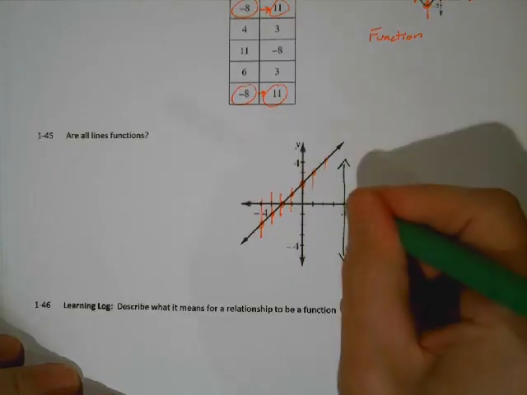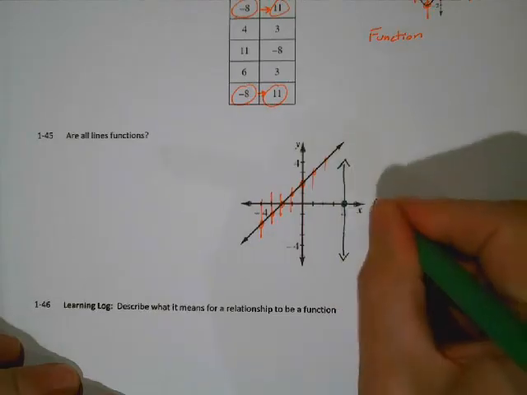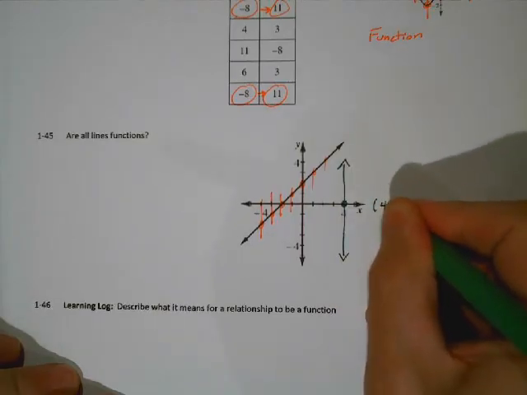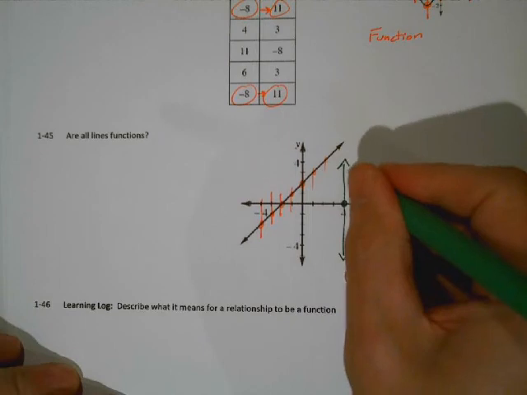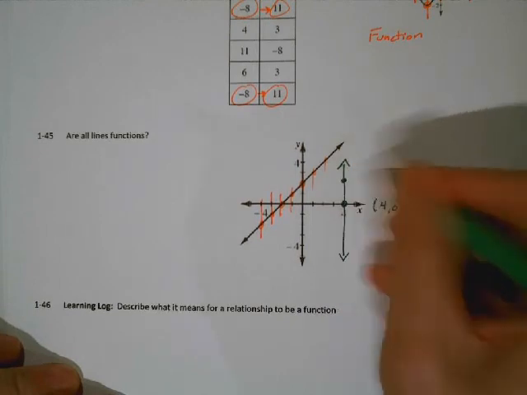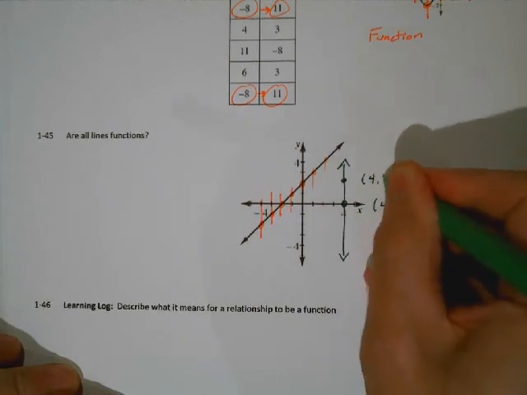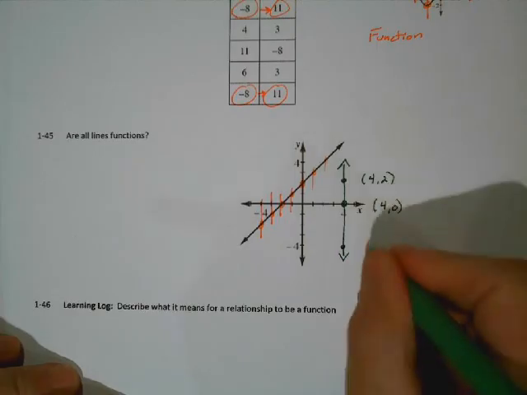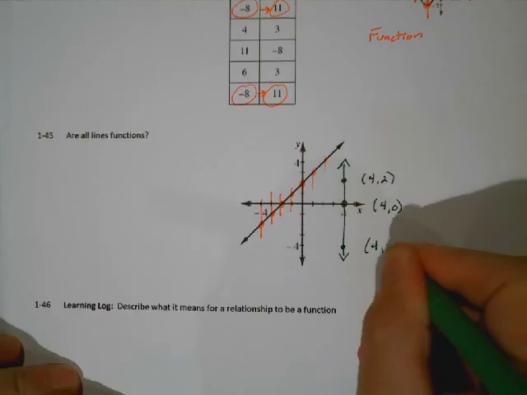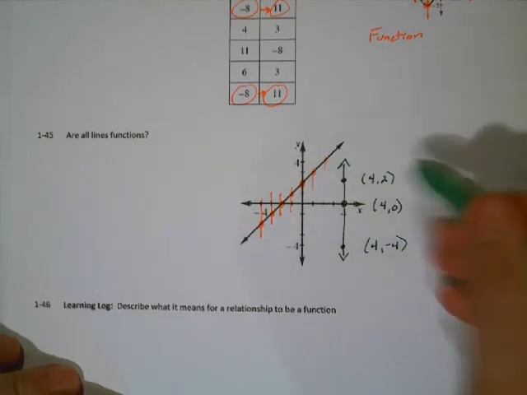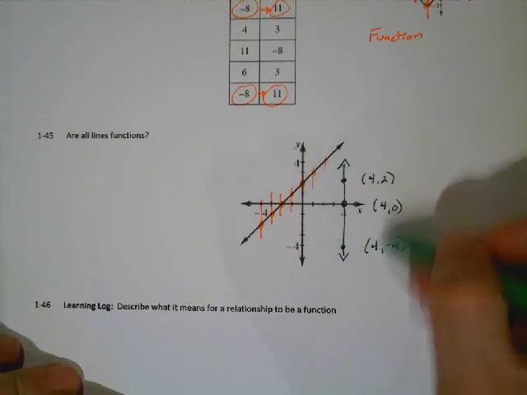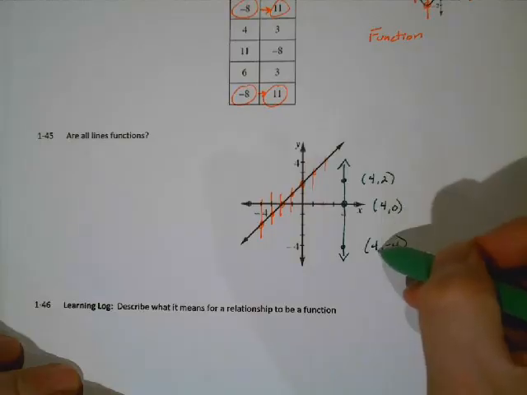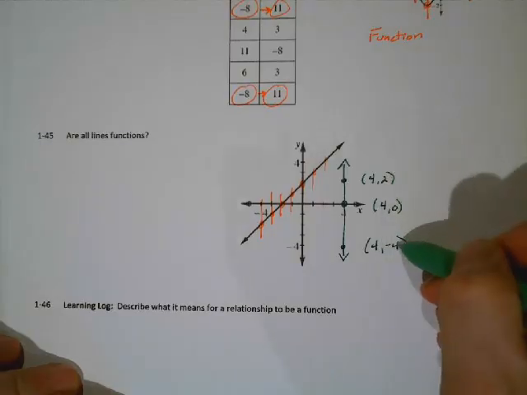And this vertical line, this point right here is the point 4, 0. This point right here is the point 4, 2. This point right here is the point 4, -4. I've got 3 different points, all with the same input, but with 3 different outputs.